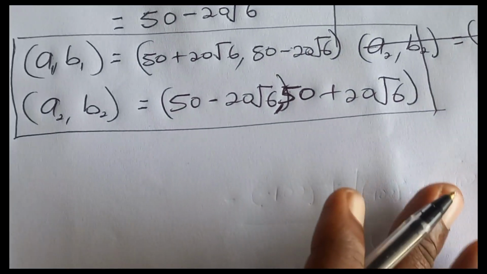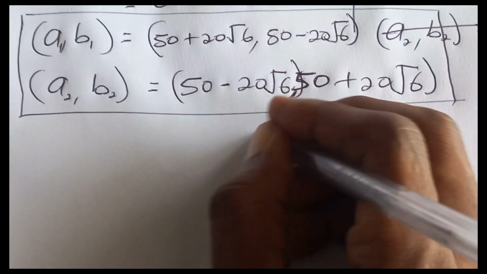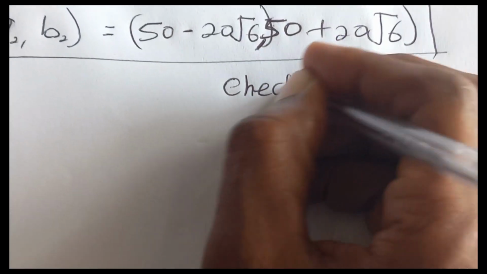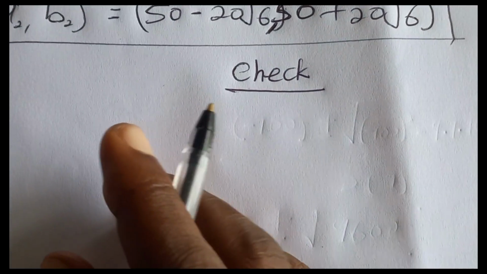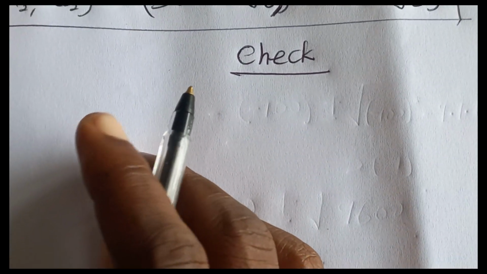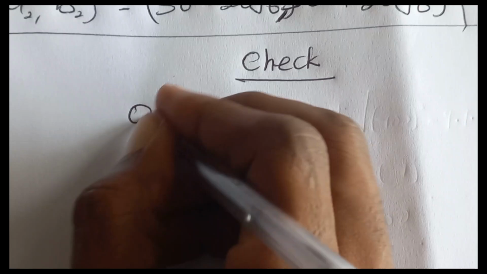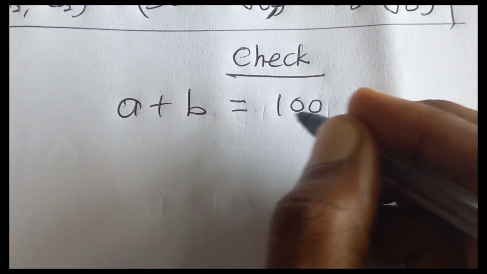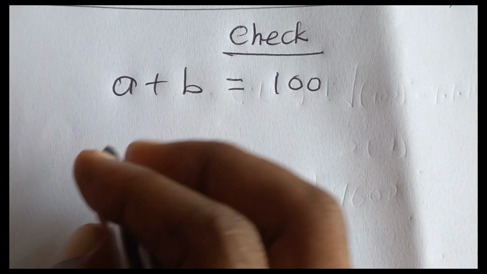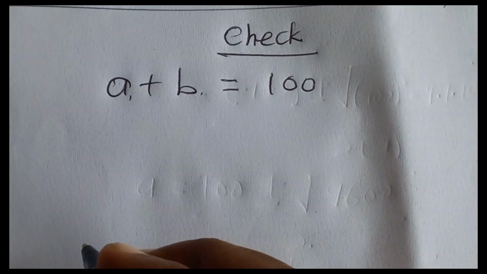Okay. So these are the values of a1, b1. So now let's check whether this solution set is correct or not. So in this case, we said a plus b is equal to 100. Okay. So our a, let's say a1, b1.